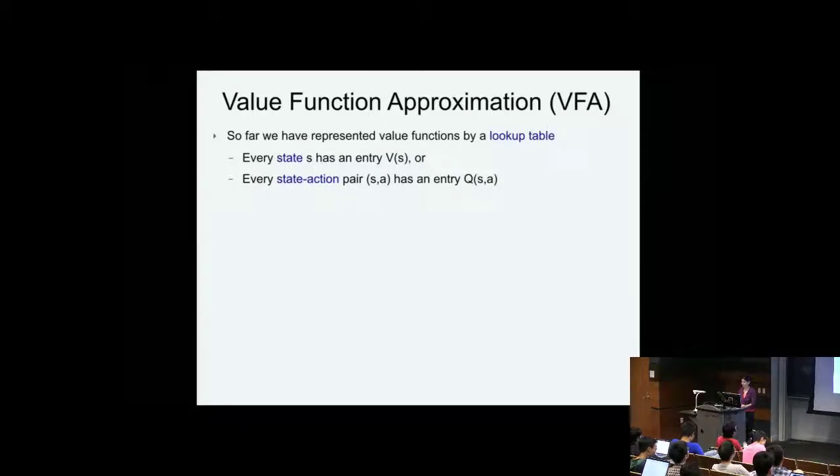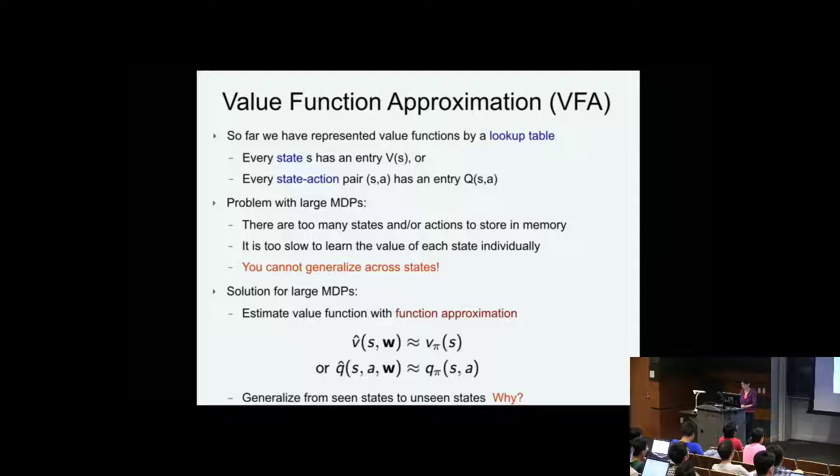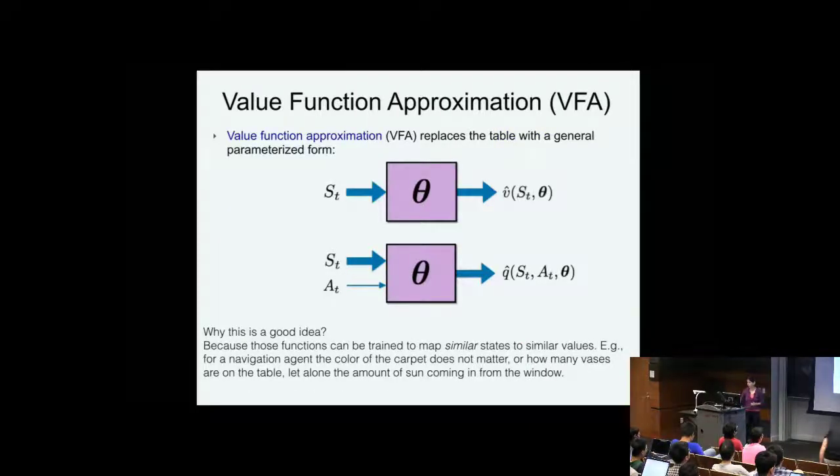So we're going to use function approximation. This means that instead of saving a state as a row on a table, we're going to fit the representation of the state, ST, to a function approximator, which is going to spit out as output either the state value function or the state action value function.